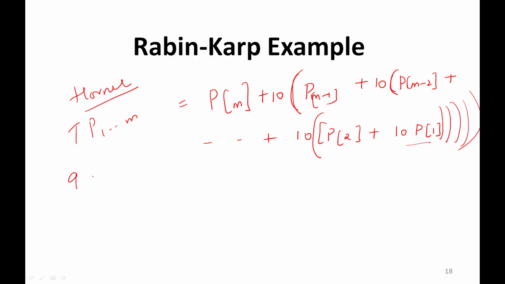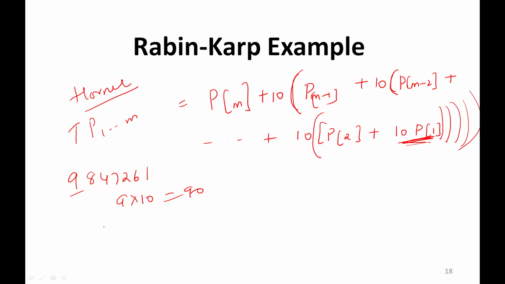Suppose I take a number 9847261. Now how this is going to work is, you take the first digit, 9, and multiply it by 10. So 9 into 10 will be 90.